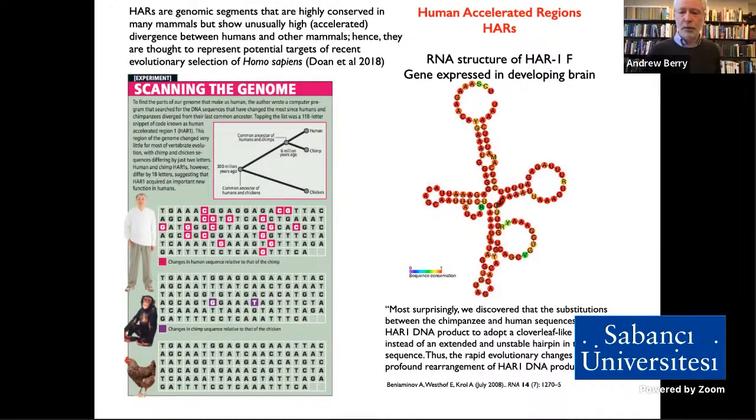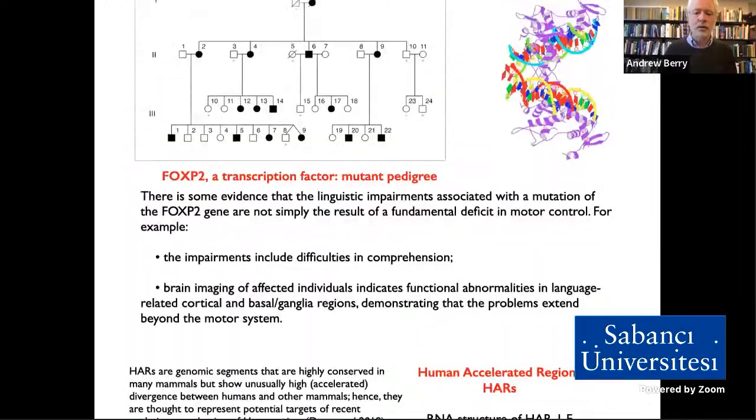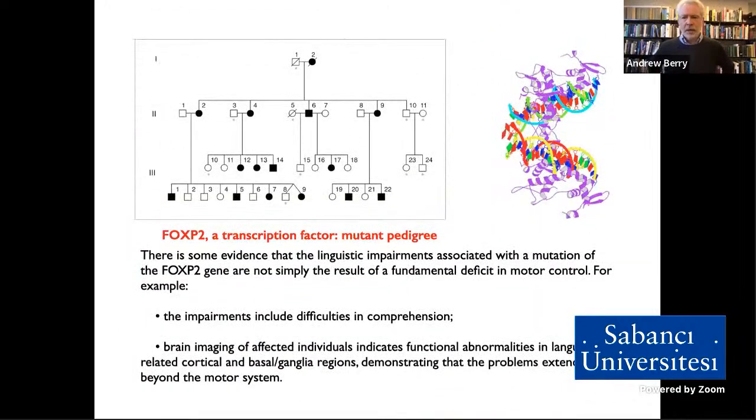Another cool example, and you might have heard of this, this is called FOXP2. This is a transcription factor, so it's a gene that controls other genes, which has been implicated in medical studies for people who have problems with speech, both creating speech and understanding speech. And it turns out, yes, this transcription factor is involved in the construction of your brain.